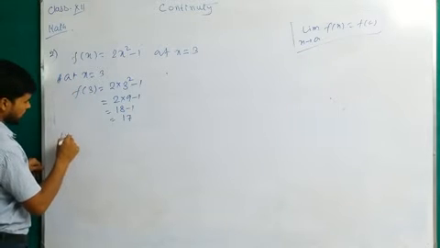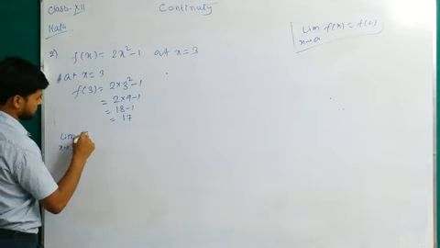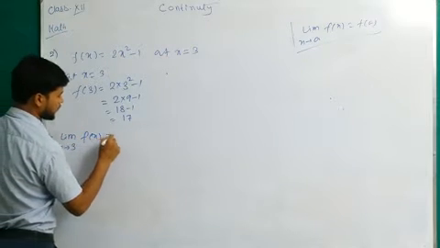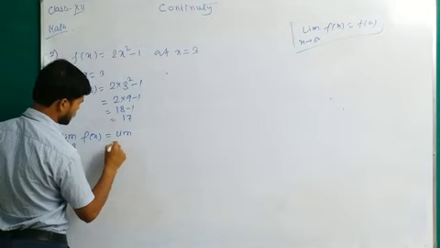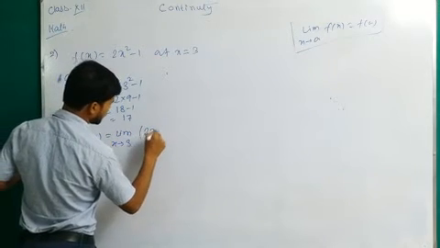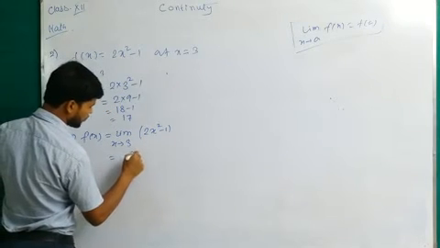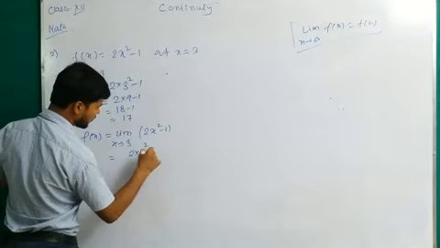And now calculate the limiting value of f of x at x equal to 3. That is limit x tends to 3, 2x square minus 1. That is 2 into 3 square minus 1.